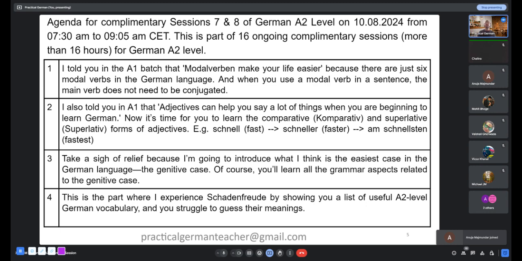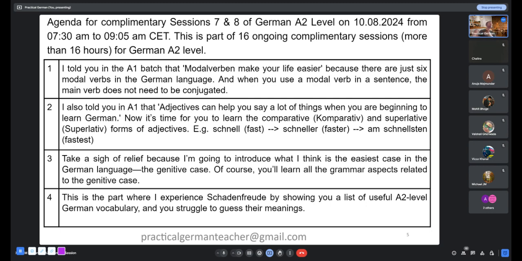What you're supposed to do now is learn adjectives in comparative and superlative form. What do I mean by that? In English also, when you learn an adjective, for example fast, this is the normal form or the grund form. If you want to say someone is fast, you can just say that.